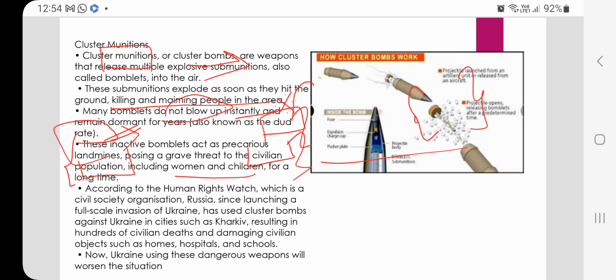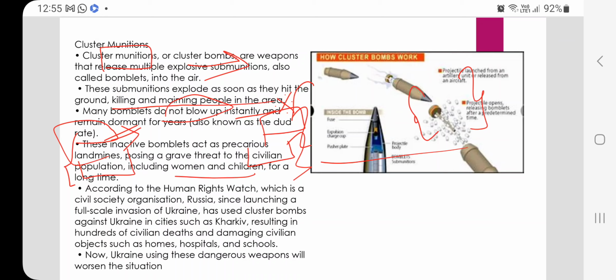The whole area is mined like with landmines. Especially the vulnerability of women and children to the indiscriminate use of these weapons.